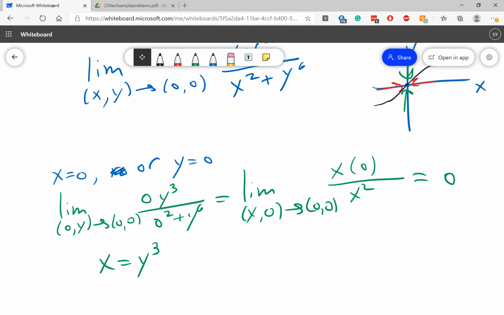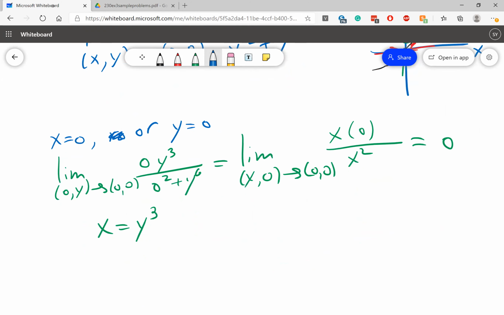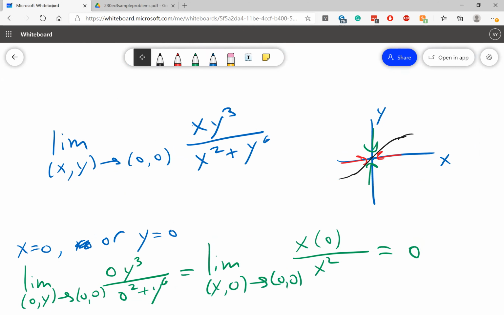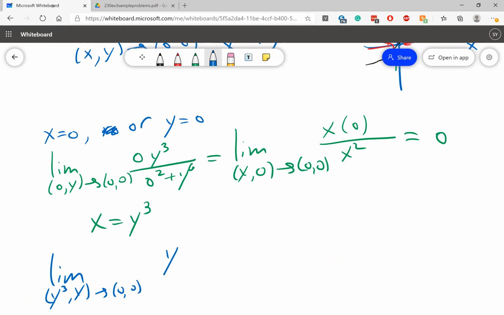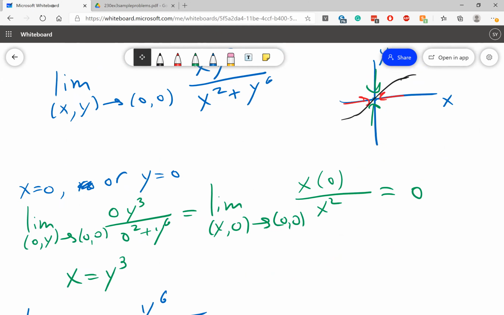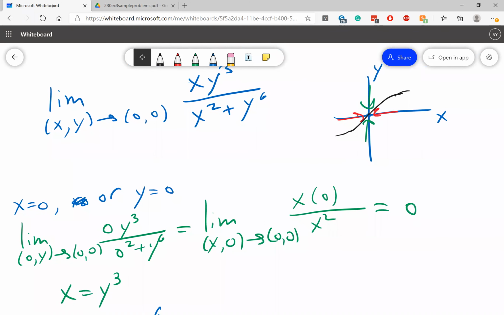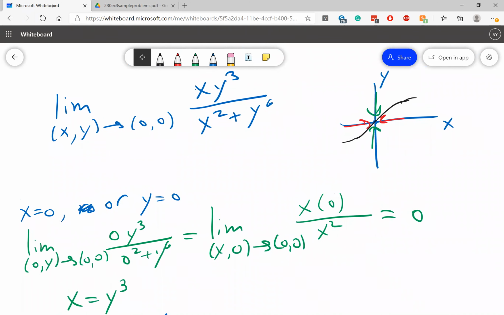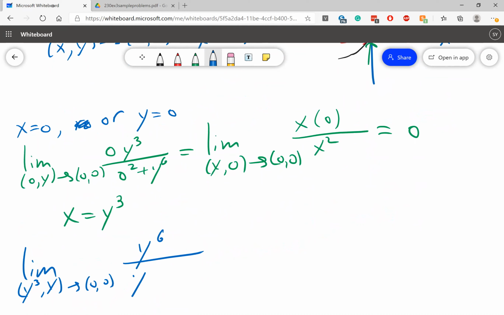In this circumstance, we will have the limit as y goes to 0 of y to the 6th power over y to the 6th power plus y to the 6th power, which is y to the 6th power over 2y to the 6th power, which is 1/2.